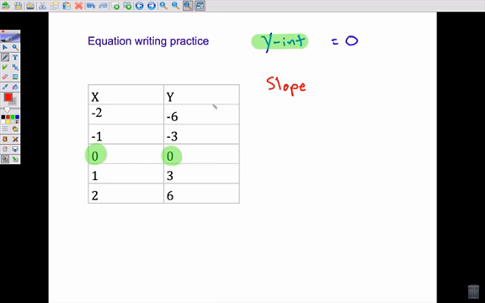For the slope, I'm going to look at rise over run. And so the y's rise, it looks like they're rising by 3 each time. And over here, the x's, or the run, looks like it's going up by 1.